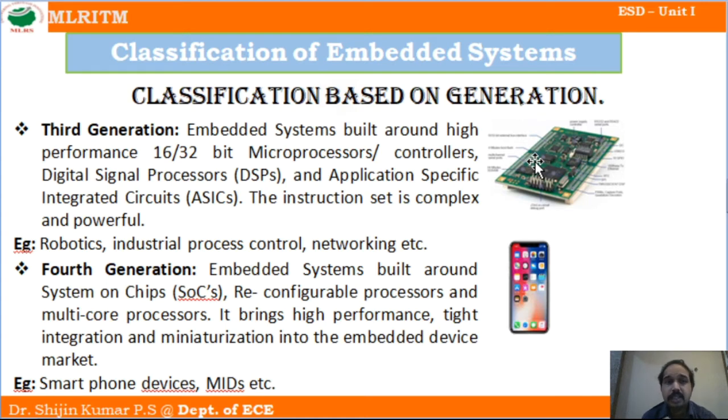A digital signal processor is specifically for signal processing applications, for processing audio and video signals. So we are using separate processors for these audio and video applications. That is one improvement in third generation embedded systems.